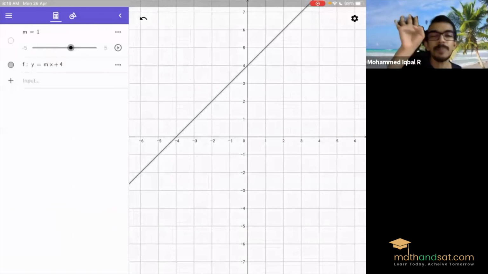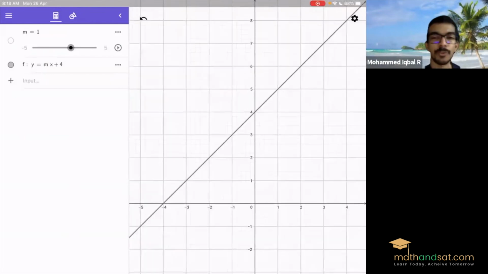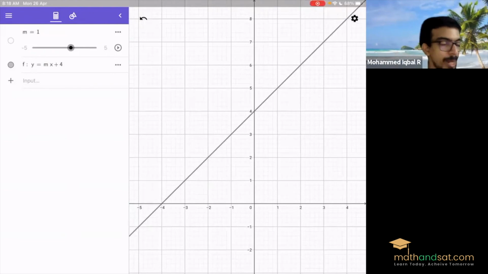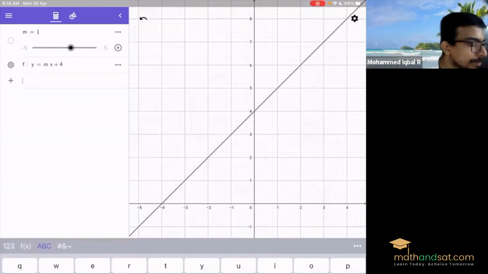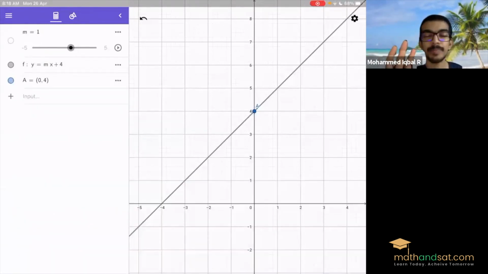Since the y-intercept is a fixed number 4, you can see from the graph that the y-intercept is 4. Now I'm going to change the slope of this graph. I'm going to vary m.